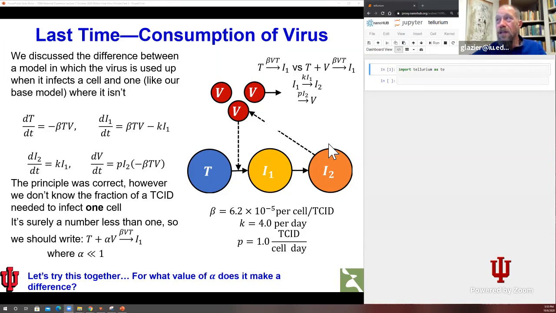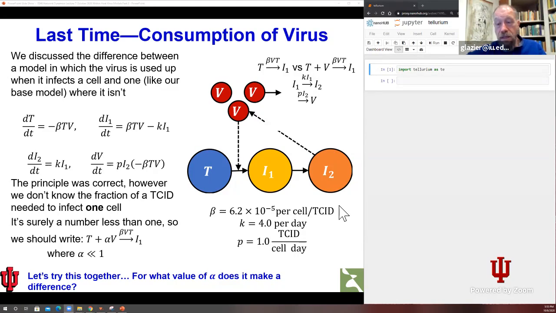And so instead of saying T plus V goes to I1, where I need to use up 1 unit of virus to infect 1 cell, I should have been saying T plus alpha V goes to I1, where alpha is a small number. And what that small number is is not so obvious.